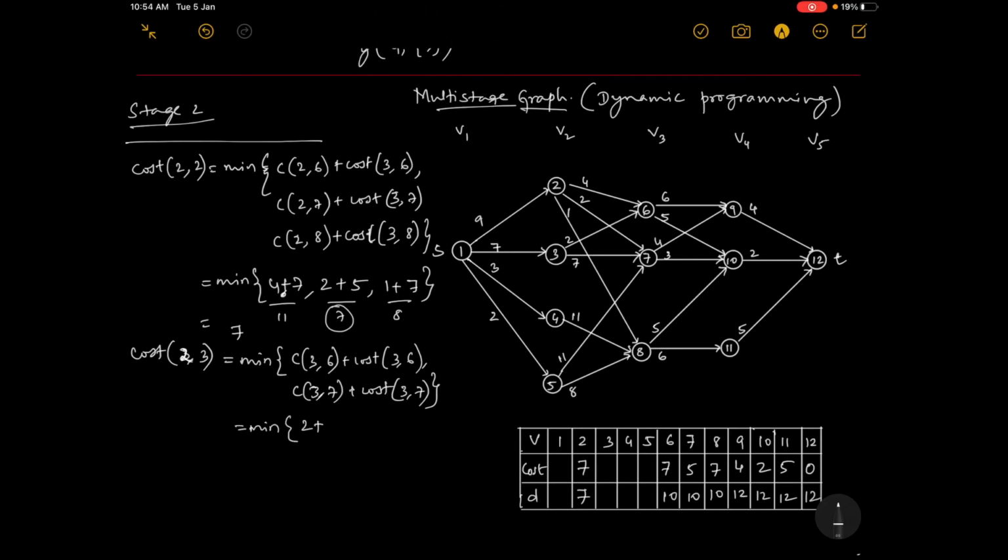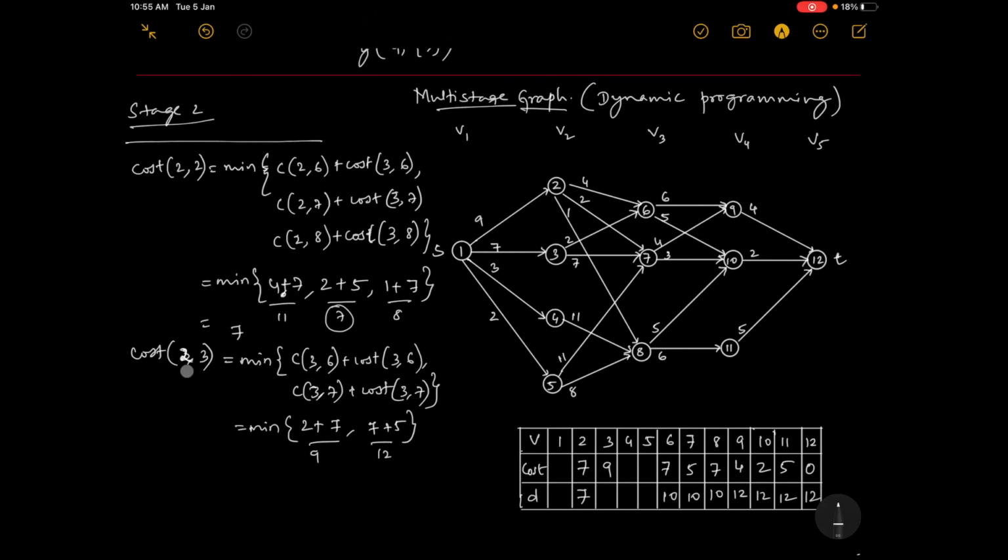It is 2, plus cost of vertex 6 from the table, it is 7. 3 comma 7 is 7, and the cost of 7 from the table, always refer to the table, is 5, so 5 plus 5. Which is minimum? This is 12, this is 9. So 9 is the answer.